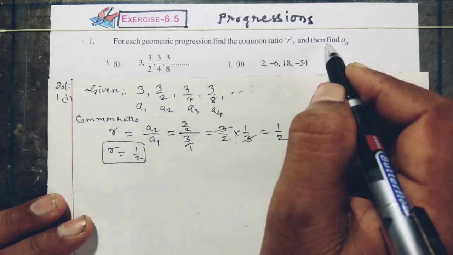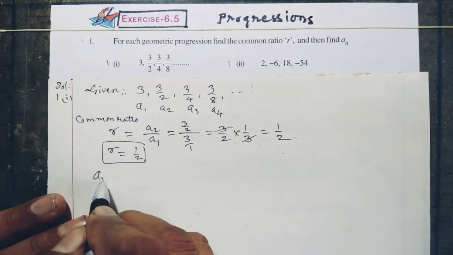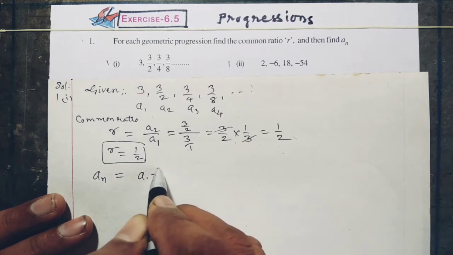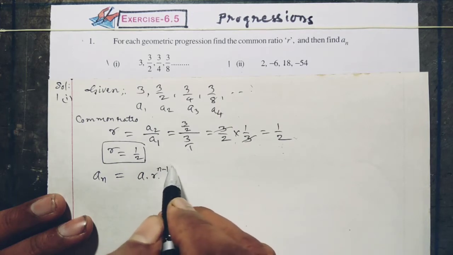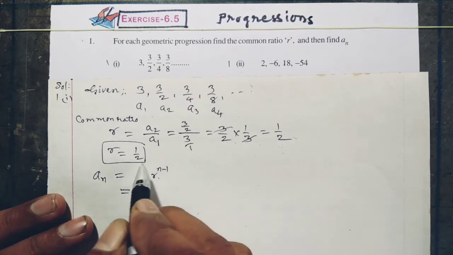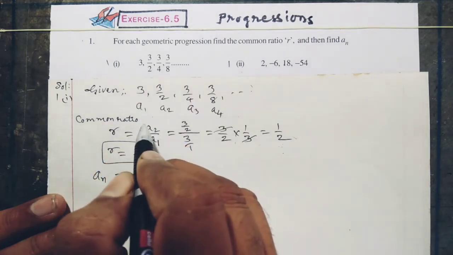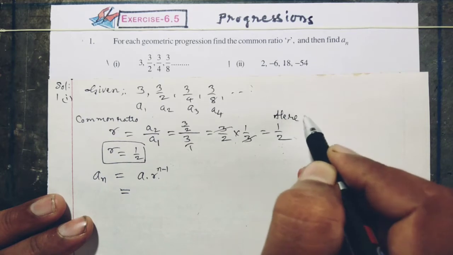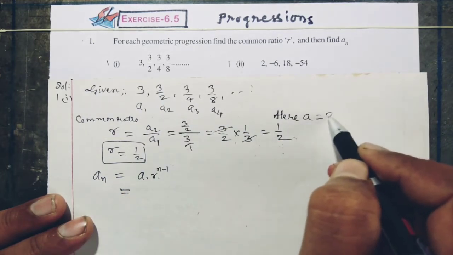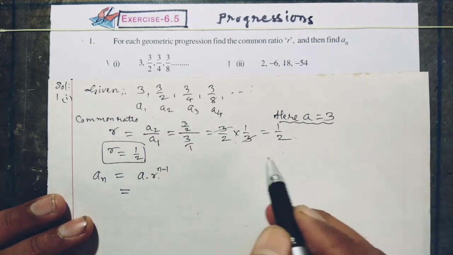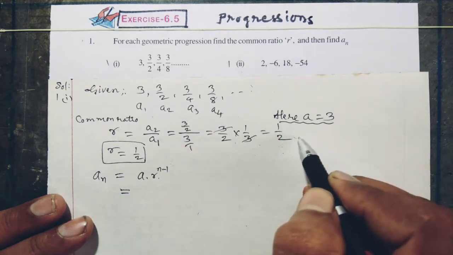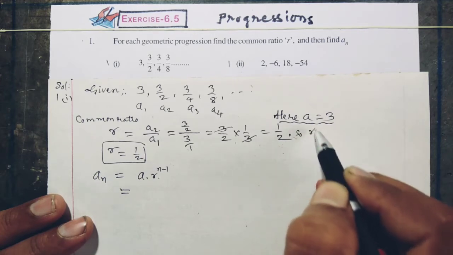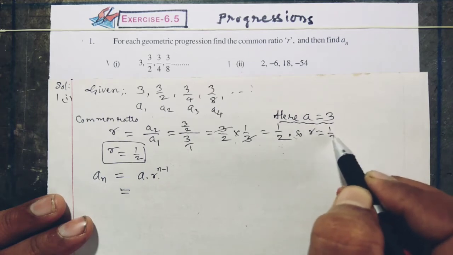And also find AN. AN is equal to A R to the power of n minus 1. So this is the formula. Here A is 3 and R is equal to 1 by 2.